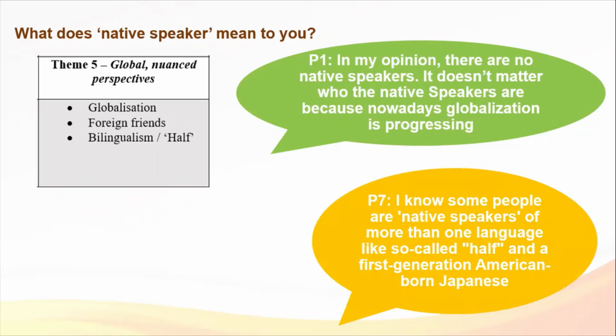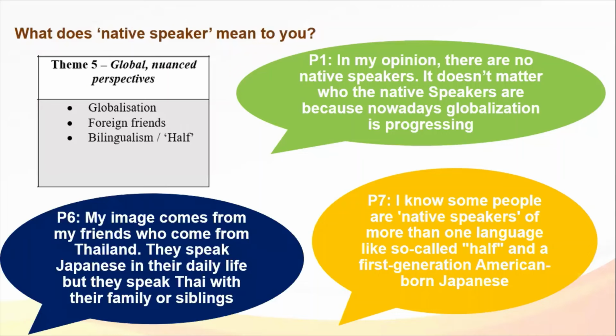Participant 7: "I know some speakers are native speakers of more than one language, like so-called 'half' and a first-generation American-born Japanese." Remember, half means somebody who has a diverse heritage. That's a Japanese term, half. Participant 6: "My image comes from my friends who come from Thailand.